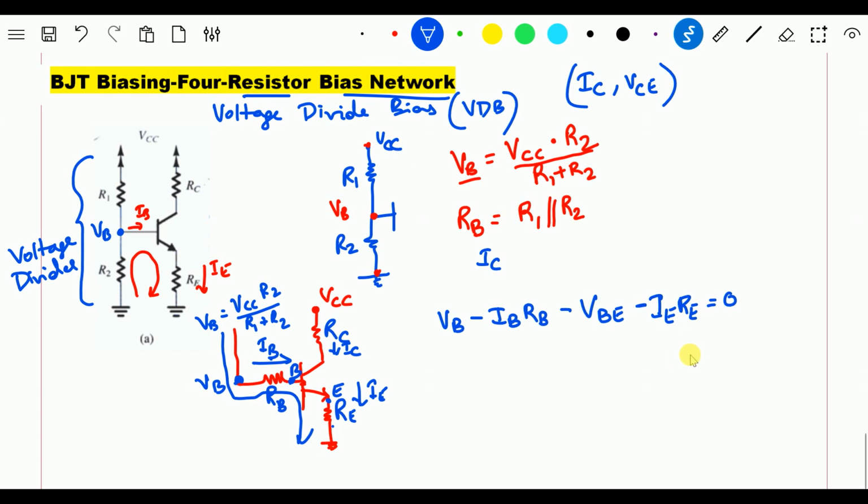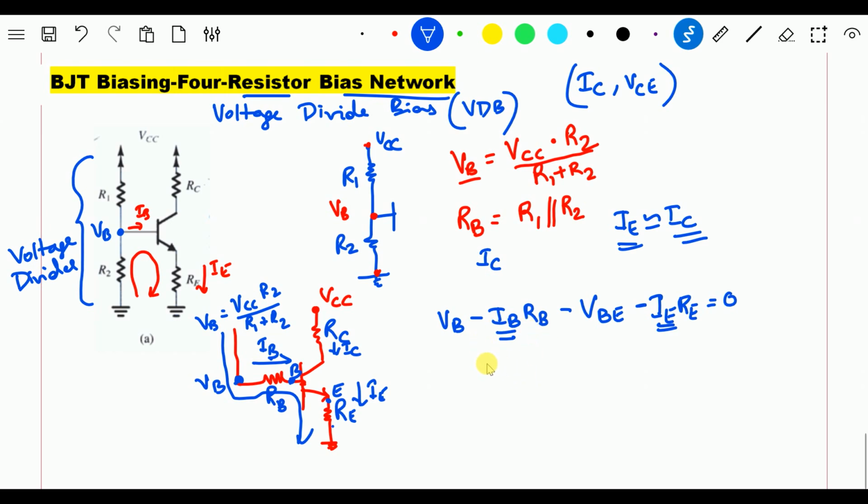Now I need to generate the equation for IE so that we can easily say that IE and IC are approximately equal. Once I find the equation for IE, I can say it is equal to IC. For that, if I convert IB in terms of IE, then I can take IE common and generate the equation.